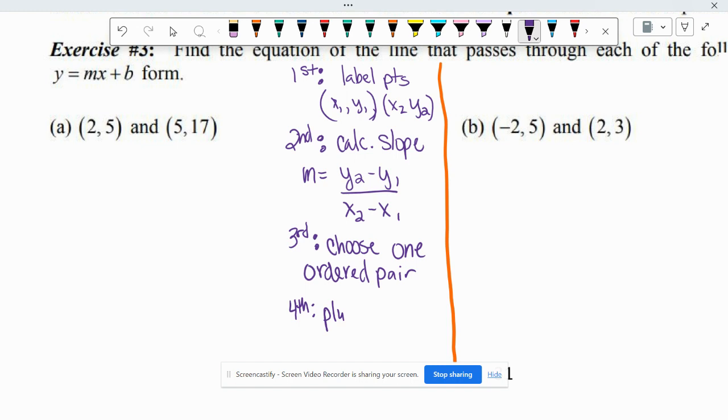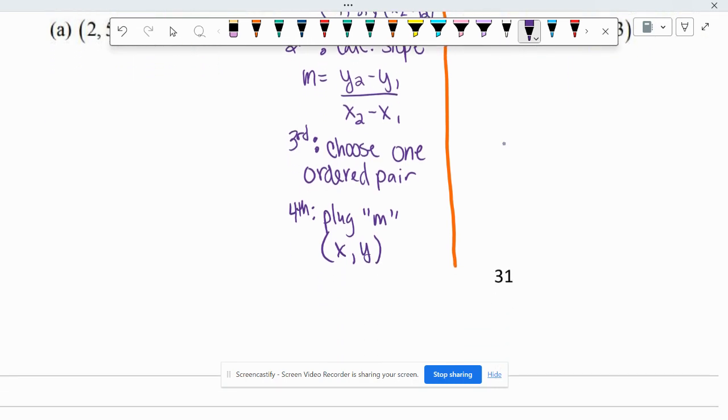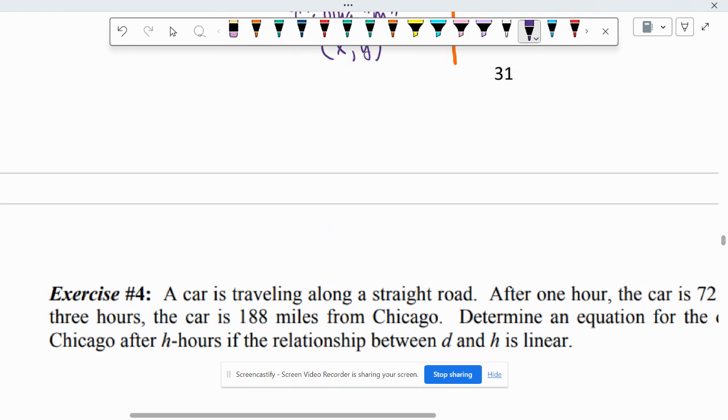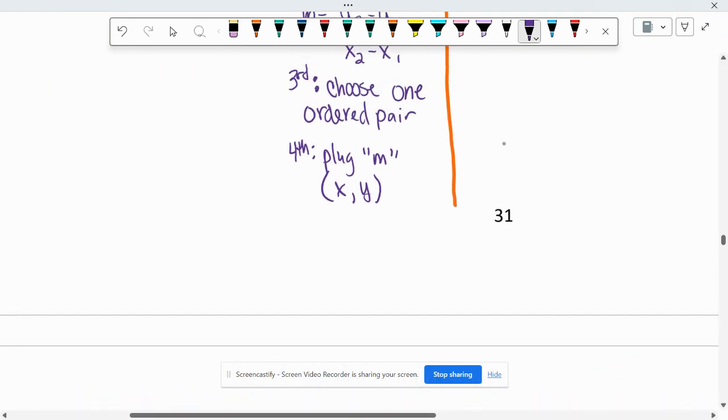Fourth, you're going to plug your m and your x and your y into y equals mx plus b. Fifth thing, you're going to solve for b. I know it's a lot. It helps, though, to write it out.